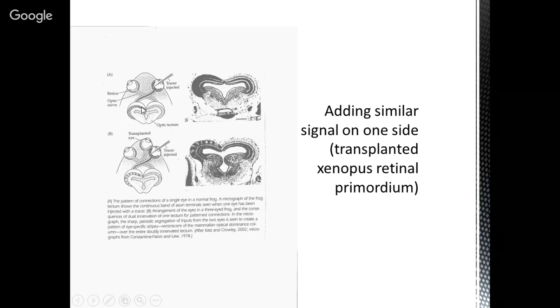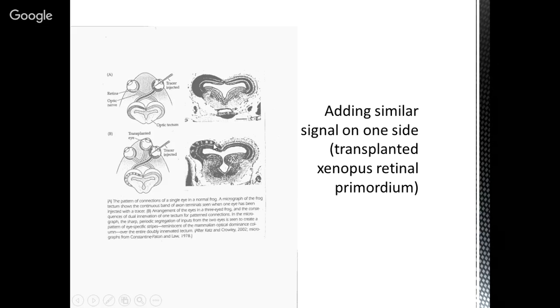Actually, this is the geniculate, sorry. One eye goes to one side of the geniculate, and the other eye goes to the other. When you add the extra eye, these two are competing to influence the cortex, and they end up with visual columns in the geniculate with competing eyes. And the other eye goes to the other side.